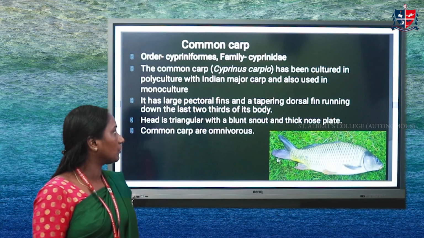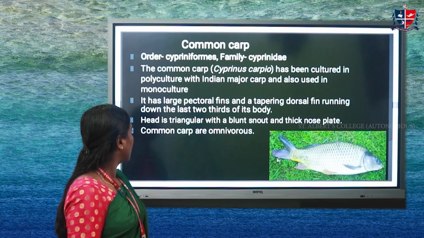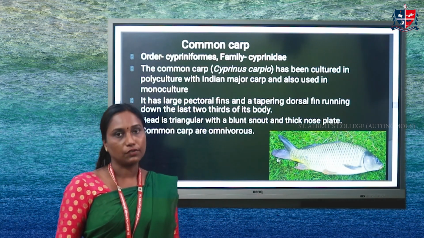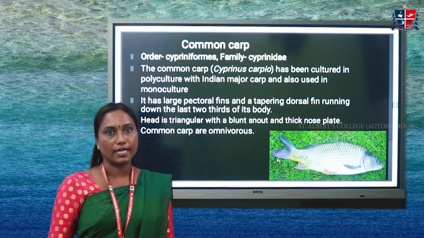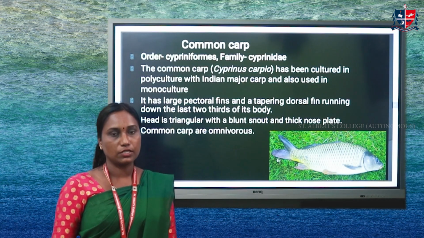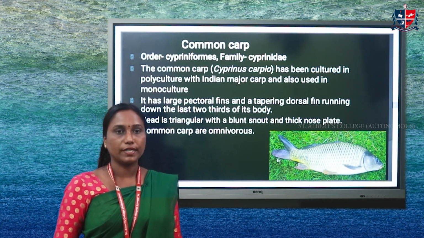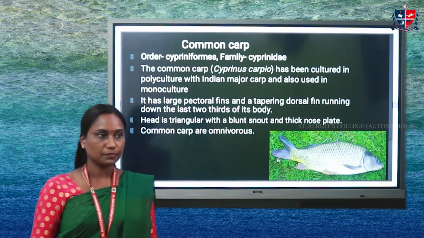Head is triangular with a blunt snout and thick nose plate. Common carps are omnivorous bottom feeder fish. It is also a hardy fish which can tolerate higher levels of environmental conditions. So it is the most preferred species in culture.